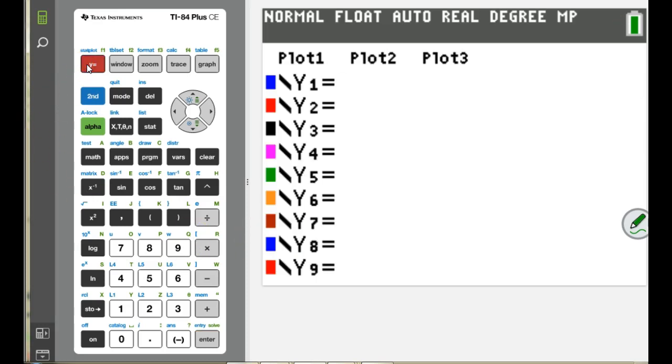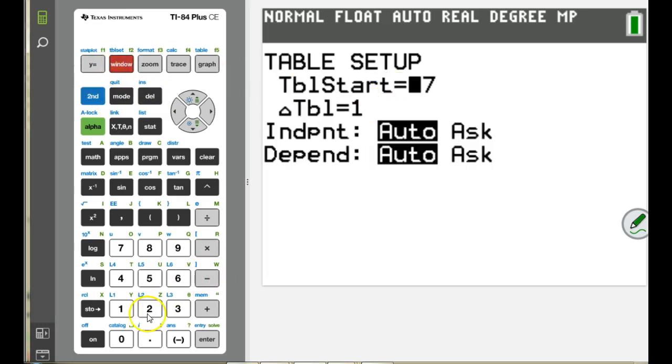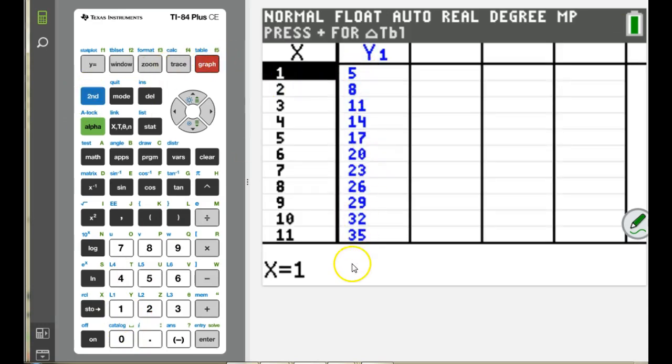Another way you could do it is if you are in function mode, you could just type in 3x plus 2 as a graph, and then if you have your table set to count by ones, you could say start at 1 counting by ones, and when you went to the table, it would give you the sequence, right?